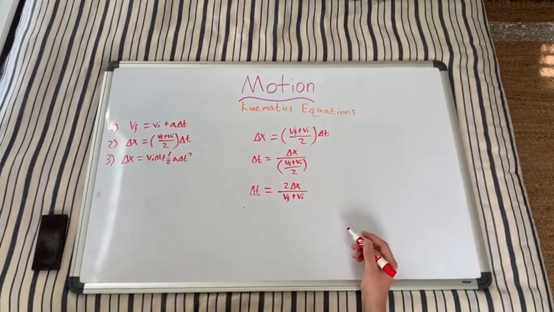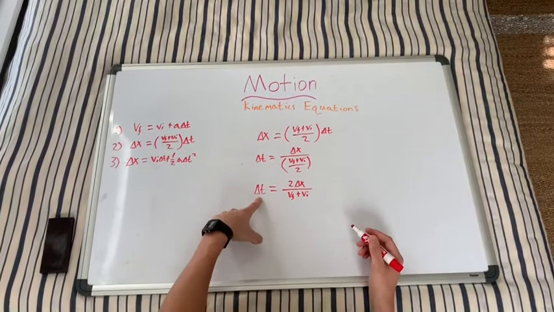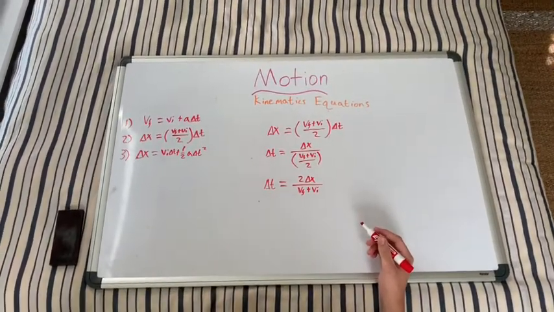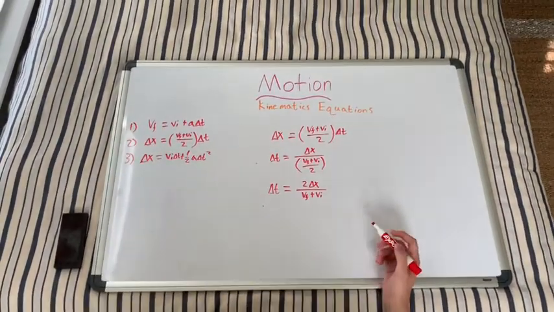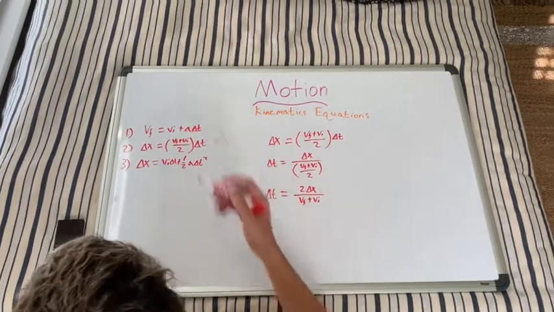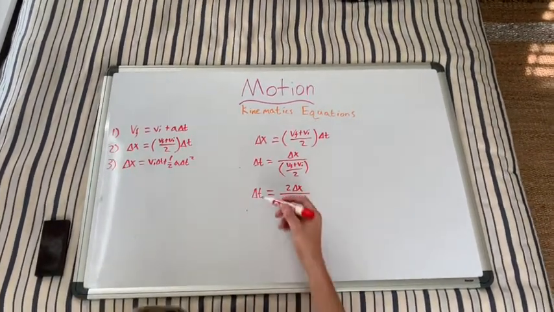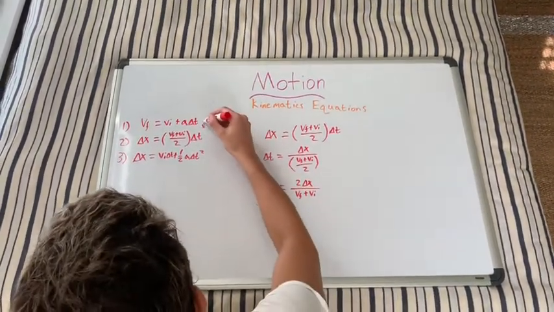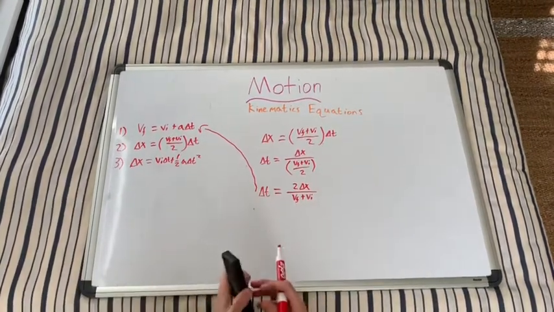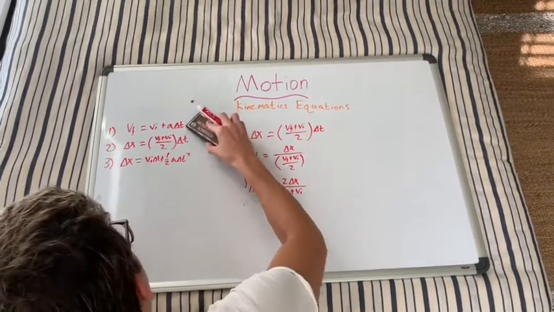Now we see that we have a new expression for delta t, and in the first kinematics equation that we found, we also have a delta t. So I'm going to substitute this value in over there, and we will get the 4th equation.